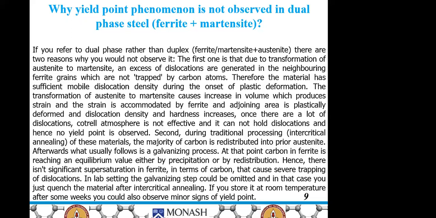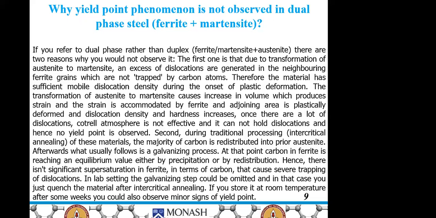Or we can say that if we have a very high dislocation density, then this yield point explanation is not valid, because the atmosphere cannot hold the dislocations, and hence no yield point phenomenon is observed.